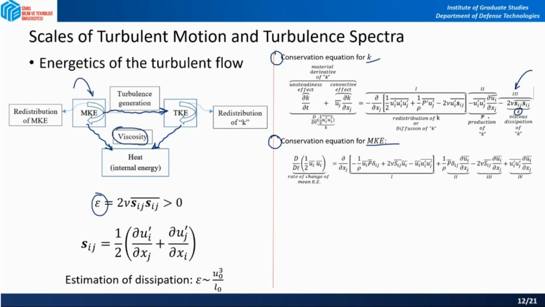Normally we can do experiments in different turbulent flow fields, and you need to measure the derivative of fluctuations, because this sij is nothing but half of the derivative of fluctuations.